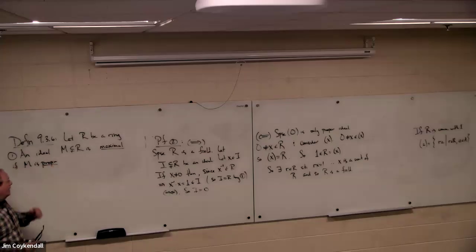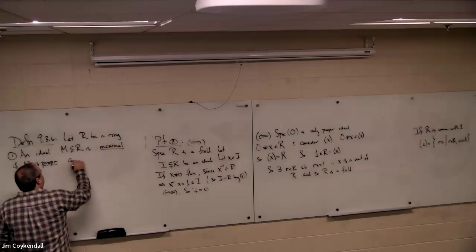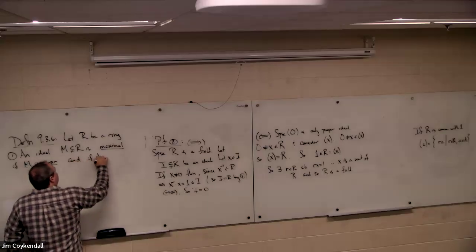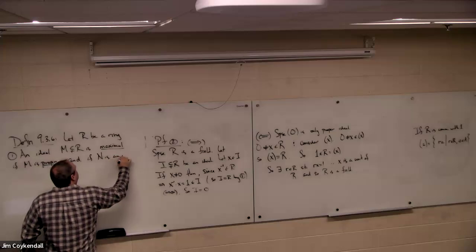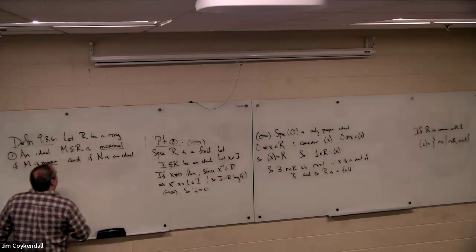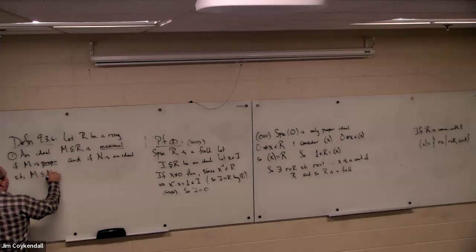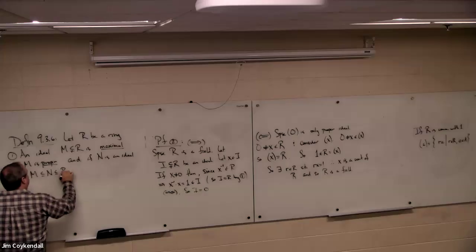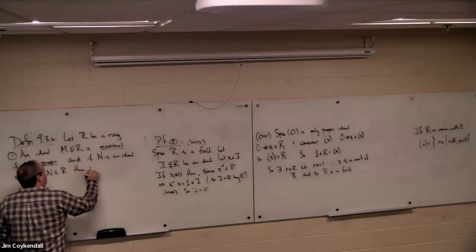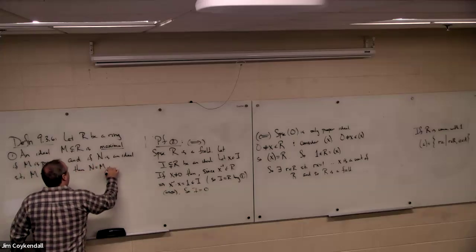That's cheating. And if N is an ideal such that M is contained in N, then N equals M.